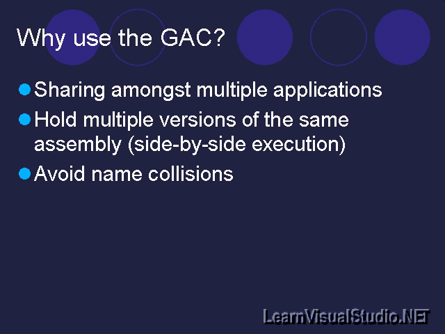So if you had some core utilities in your enterprise that you wanted everyone to use, you could just run a script and install these assemblies on all of your production machines, and then everyone would use the same version. Another reason is that you can actually run multiple versions of the same assembly side by side.